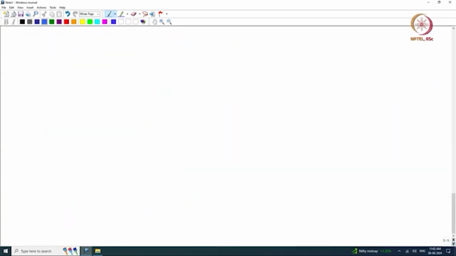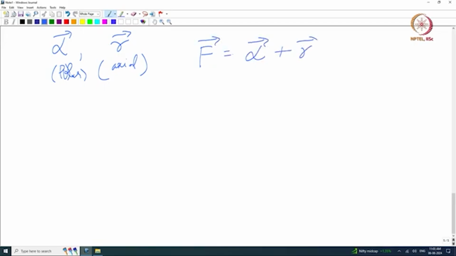Now with that in mind, let me ask a question. Suppose I had alpha as a polar vector, and some gamma as an axial vector. Can I ever have a force that is a combination of these two? Is this possible? Can I ever write it down this way?